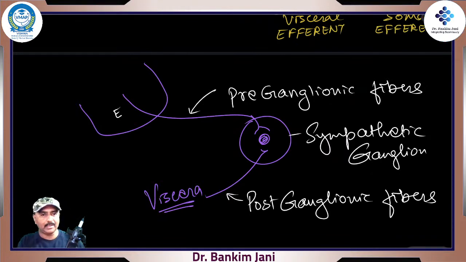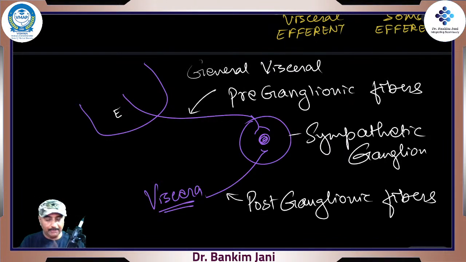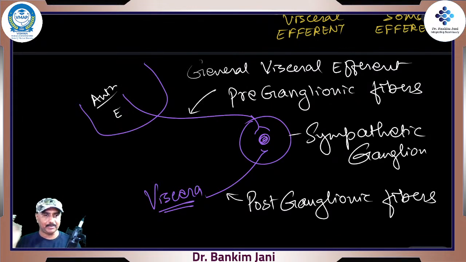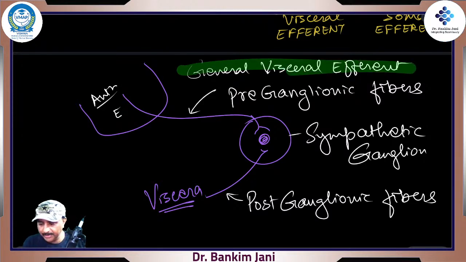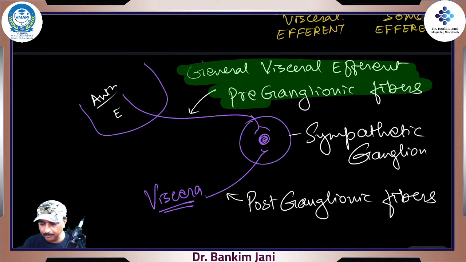So it is general visceral efferent, going out from the anterior or ventral horn. This is the full name: general visceral efferent pre-ganglionic fibers.